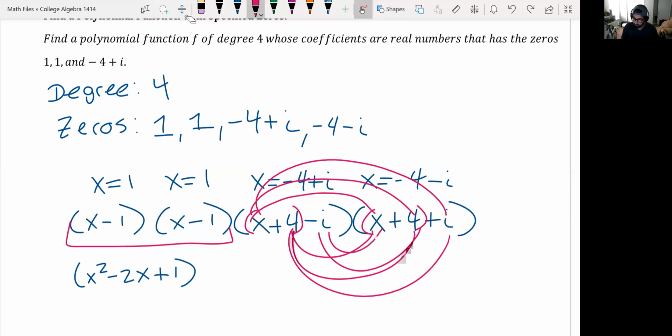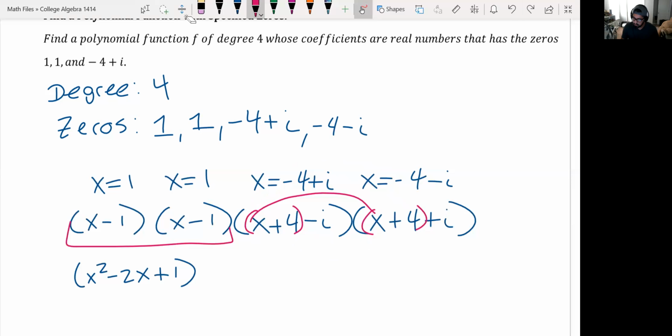But if we group the x plus 4s together, it actually makes the distributing a lot easier to look at. Because now, since x plus 4 is its own term, because all we have to do is put parentheses around it, we can now FOIL it because we can consider that there are only 2 terms inside my parentheses.